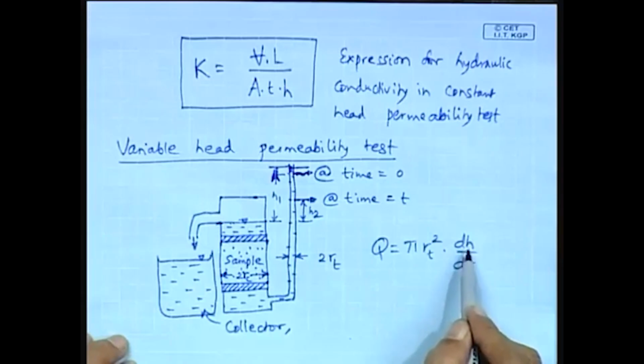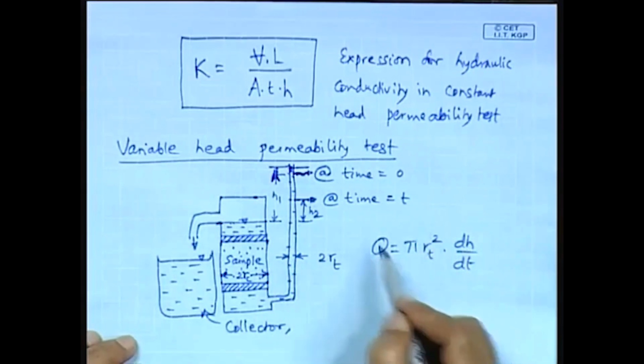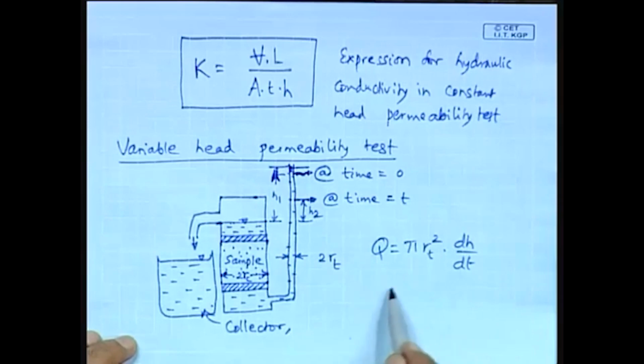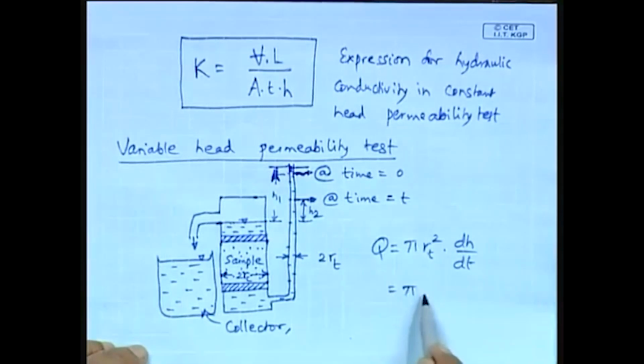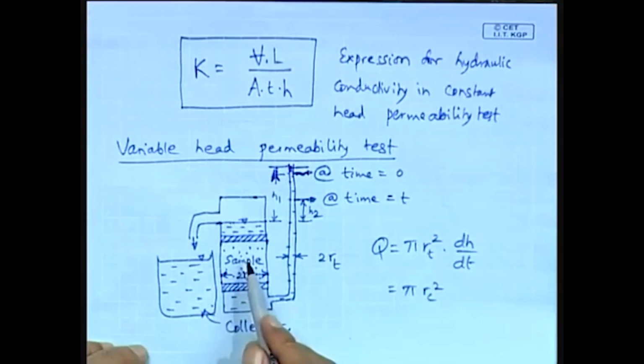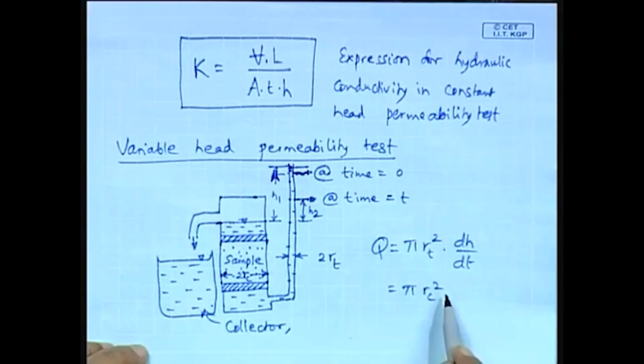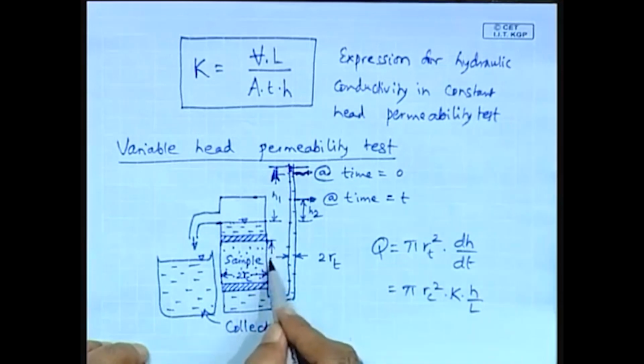That represents the velocity in the vertical direction, and this q is also equal to pi into RC square, where RC is the radius of the circular soil or rock sample through which the water flows, multiplied by the hydraulic conductivity K into H by L, and this L is the sample length along flow.